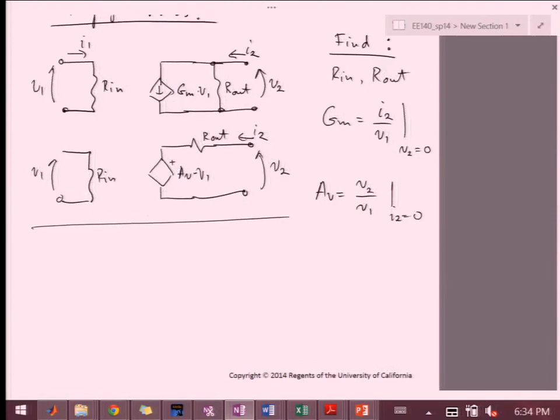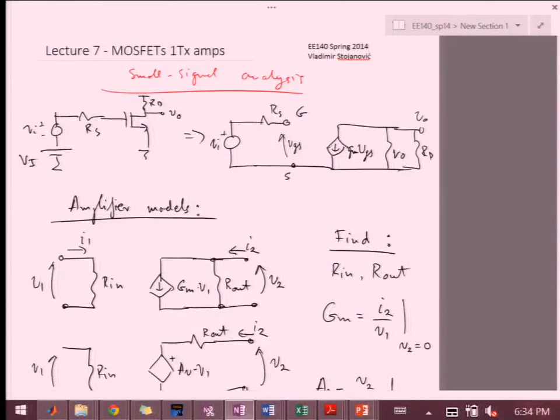So, going back to our example over here, what can we say about the input? The input resistance would be Rin. What's the input resistance? You start seeing RS, but then after RS you see something much bigger. Infinity, right?